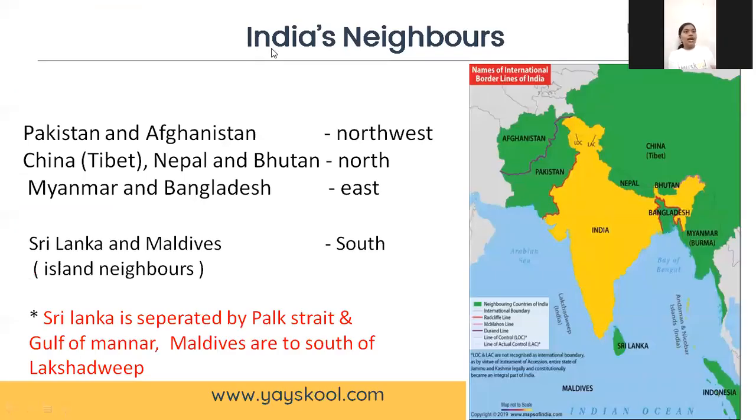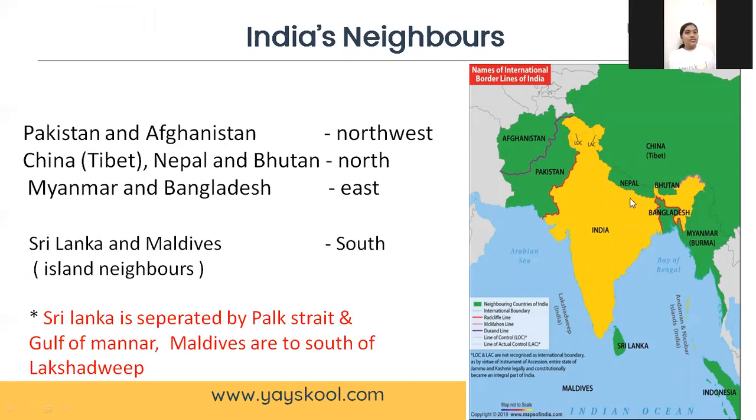Now coming to the second important point of today's discussion, that is India's neighbors. This is going to be very important because the topic is mainly focused on this, right?